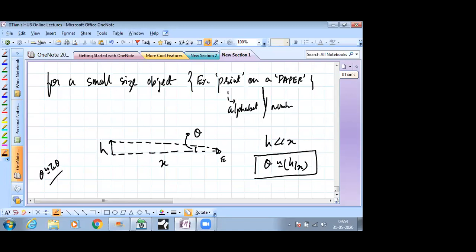Now the important thing is that for the vision of that particular object to be well focused on your retina, your eye lens has a limitation, and that limitation is that it cannot focus objects which are closer than something called the least distance of distinct vision. So the maximum angular size that you can get without any optical instrument in between is when you bring this object closest possible to your eye, such that still you are able to focus on it. That closest distance is called least distance of distinct vision.